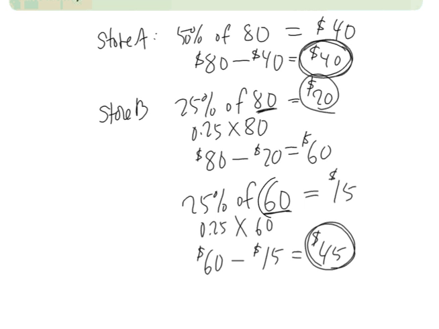If it was 25% of 80, we would have had another $20, which would have brought our total to $40 as well. But because it's 25% of 60, that second day discount only saved me an additional $15, not the $20 that I would have saved had it been 25% of the $80. So that's the reason why it doesn't work. Okay?